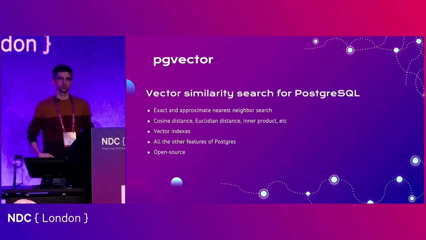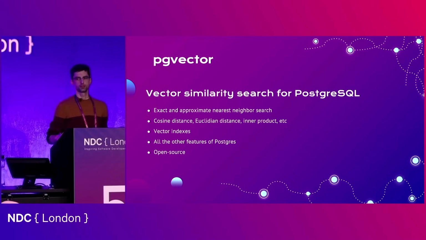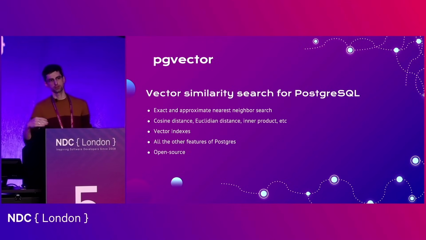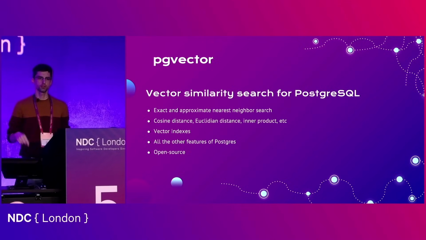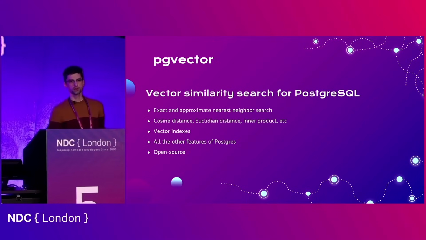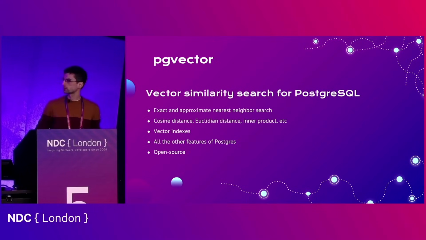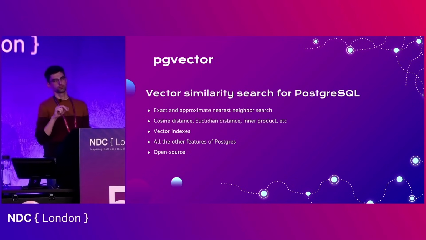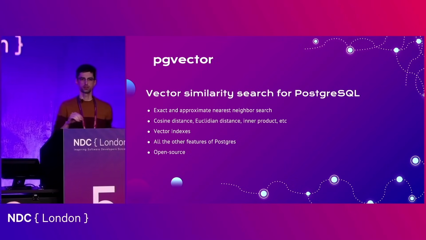It also gives us functions for calculating the distance between two vector embeddings. It supports different similarity metrics like cosine similarity and Euclidean distance. So we can use this extension to store the vector embeddings and also calculate the distance between two vectors.